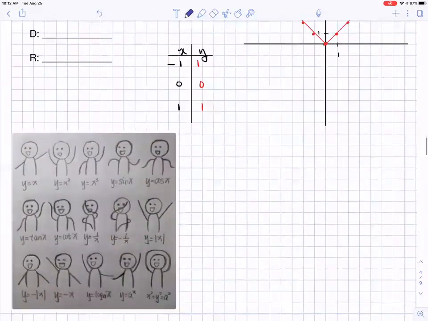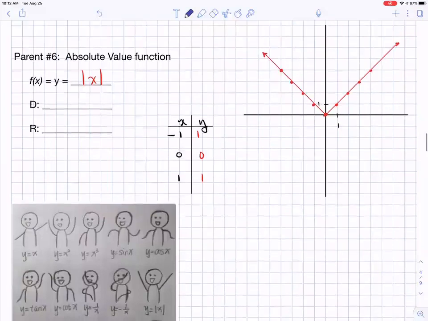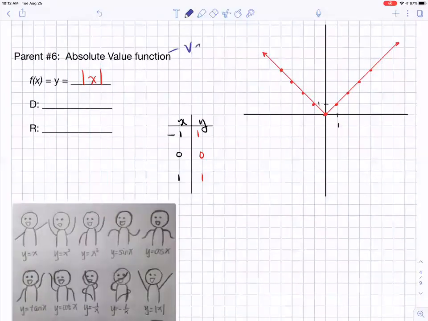Number 6, the absolute value function, also called the V-graph. I'm sure that it's difficult to tell why somebody called it the V-graph. Maybe because it looks like a V. All right. So from left to right then, what's the furthest value to the left that's being used?